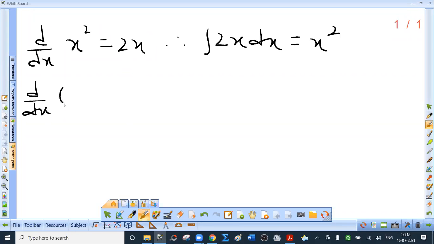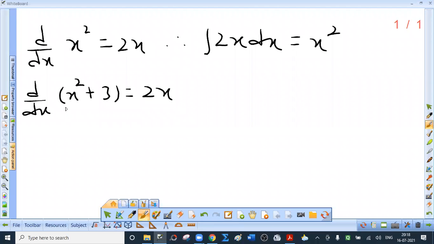Okay. Now what is d/dx of x square plus 3? I already explained that derivative of any constant is 0. If somebody asks you why, the reason is derivative measures the rate of change and constant is one which does not change. So what is the rate of change of 3? 0.